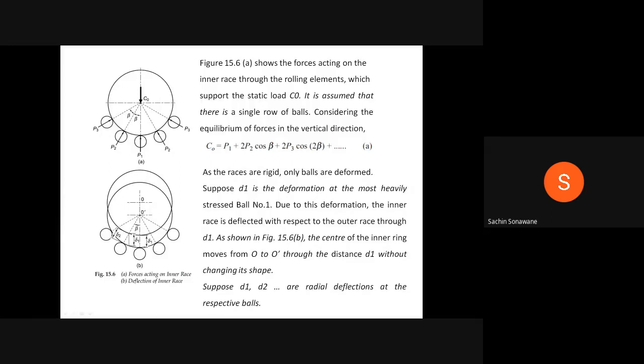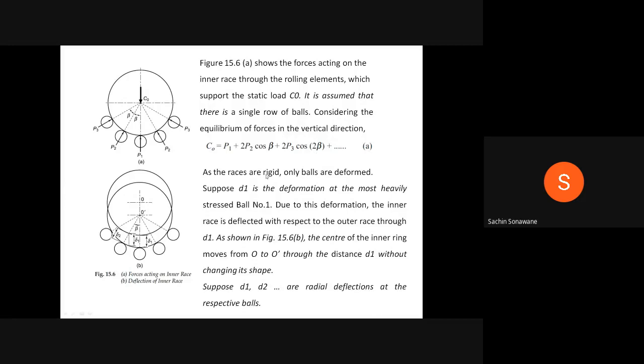Considering the equilibrium of forces in the vertical direction, we get CO is equal to P1 plus 2P2 cos beta plus 2P3 cos 2 beta, because P2 and P3 are there on both sides, and this is angle beta, this is angle 2 beta. Therefore this is equation A.